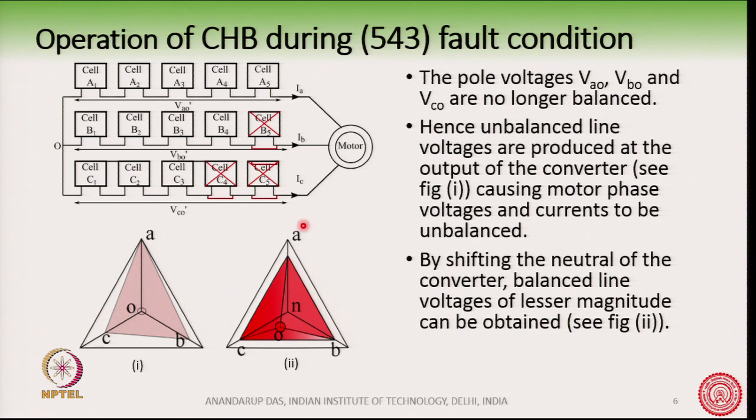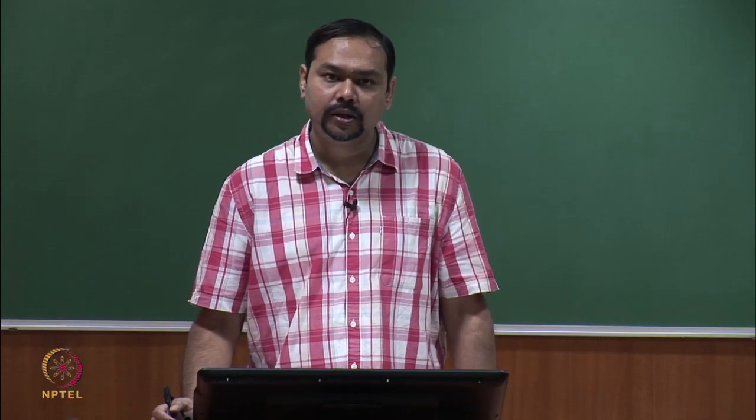Now, when we do this, you can see that there are 2 things happening. First is that the balanced voltage produced during a fault condition has reduced in magnitude. Earlier we were able to produce this much length of the equilateral triangle, but now we are able to produce only a smaller magnitude equilateral triangle. That means the magnitude of voltage available to the load has reduced.